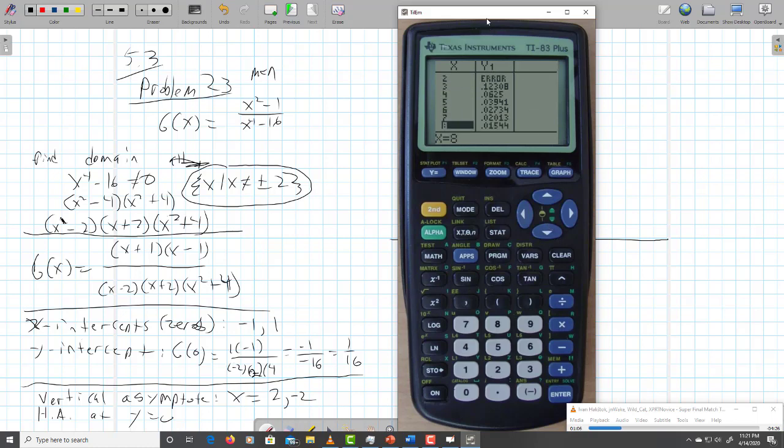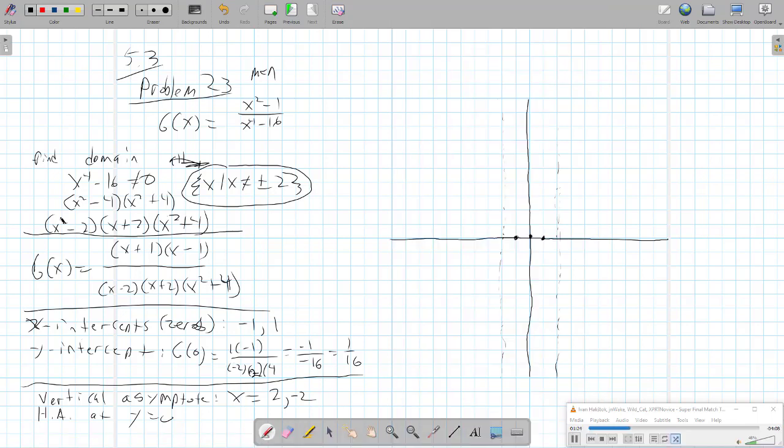Honestly, those are all pretty tiny values. I'm tempted to actually make my y's much tinier than that. I think I will. I will make this distance 1. So this will be -1. But these will all go by 1s. So then 1/16, 0.06.